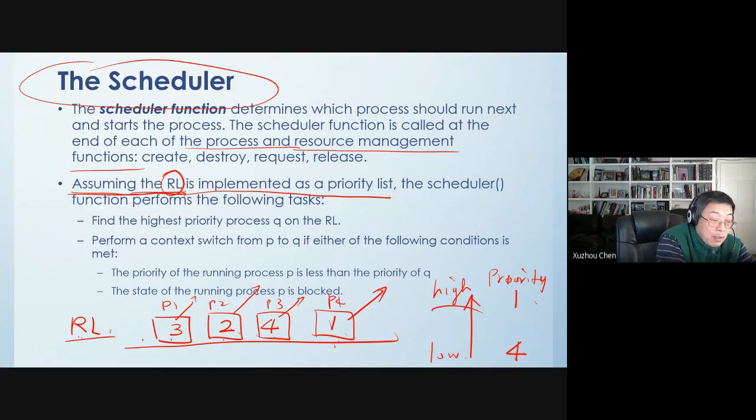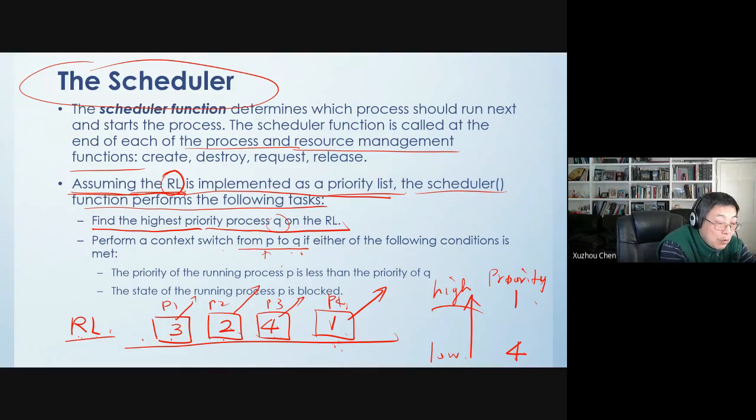Now this is how the scheduler schedules the execution of the processes if the ready list is implemented as a priority list. Okay, so if that's the case, the scheduler function performs the following task: find the highest priority process Q on the RL, which is P4, and perform a context switch from P to Q. So P is the current process in the CPU.